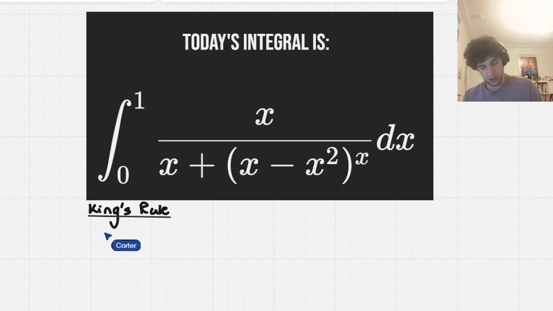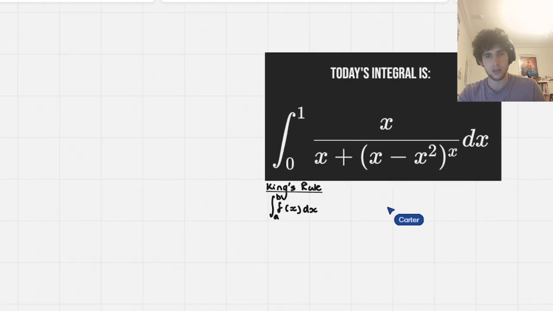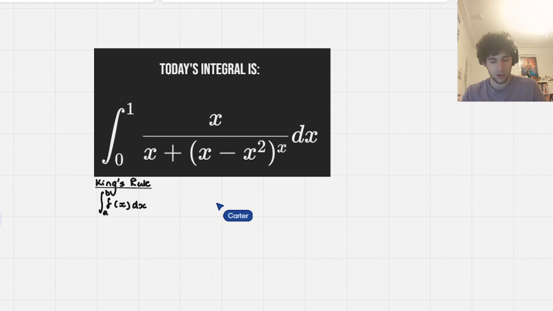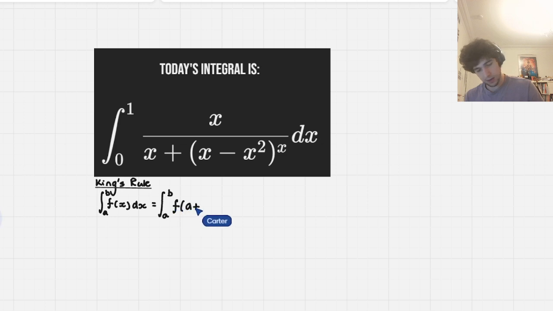The King's Rule says that the integral from a to b of f of x dx is equal to the integral from a to b of f of a plus b minus x dx.